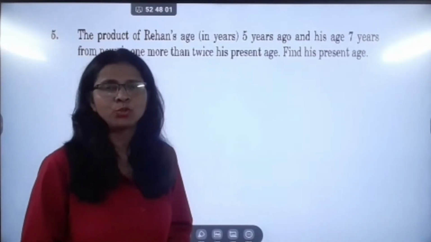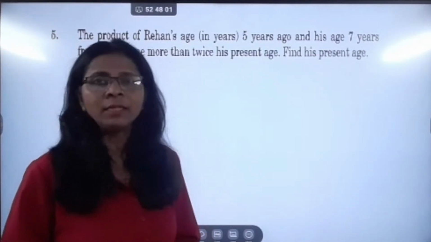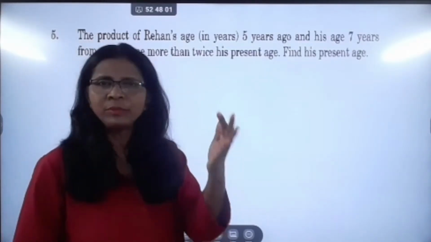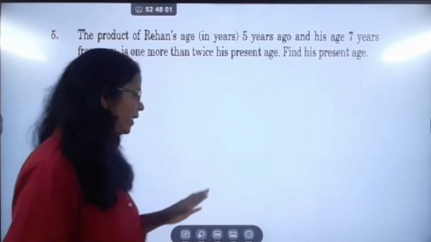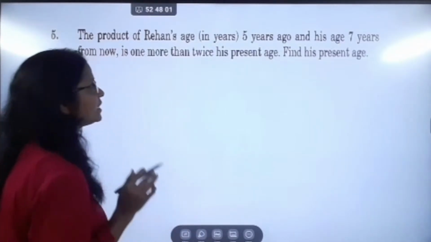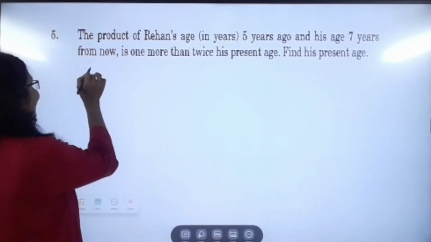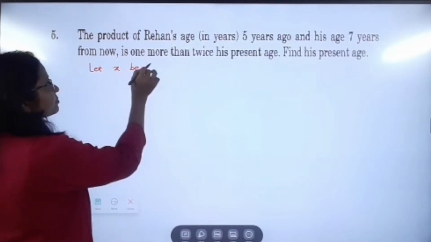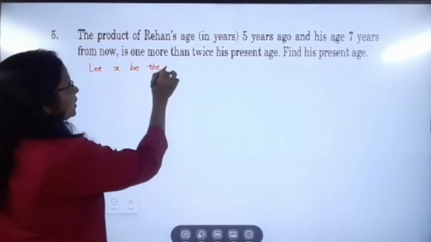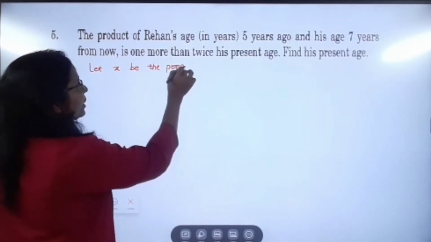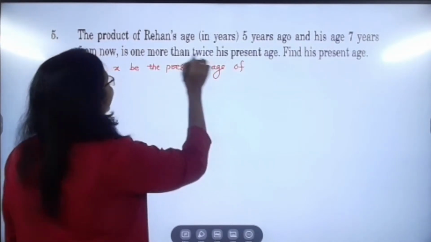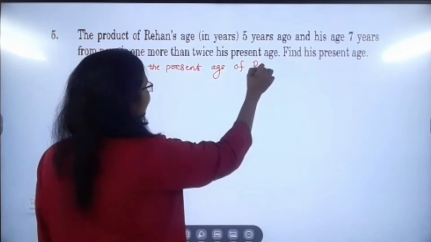So that means here, students, we consider that the present age of Rehan is some variable. So first I write down: let x be the present age of Rehan.